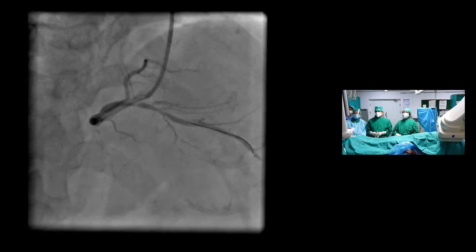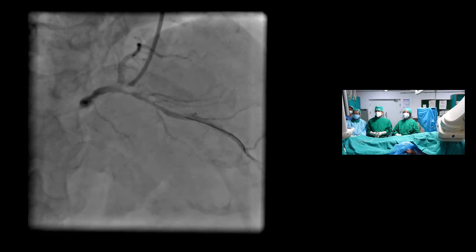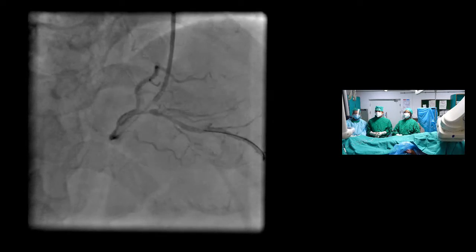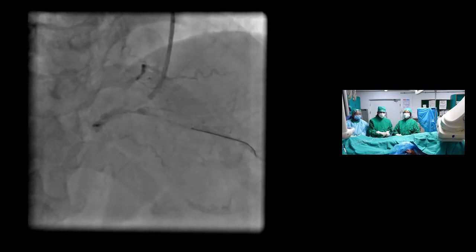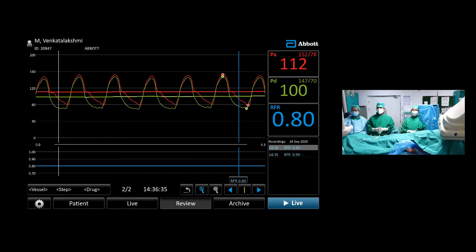Now I go into the PDA to record the RFR. I did that, and to convince the non-believers, the RFR value is 0.80.